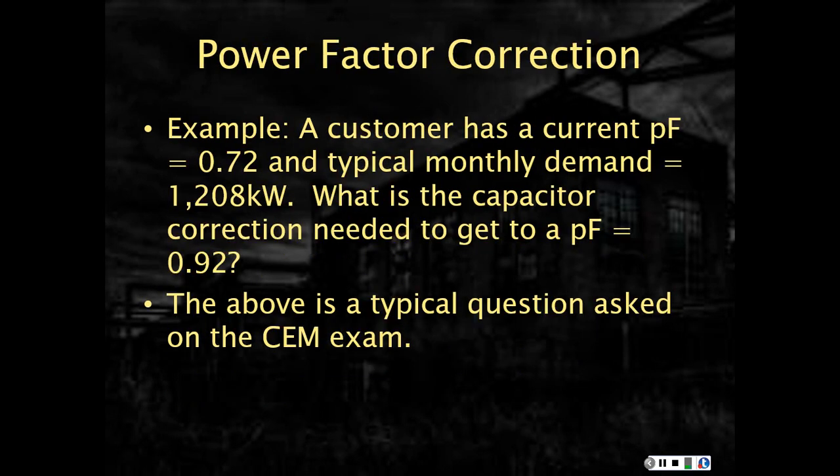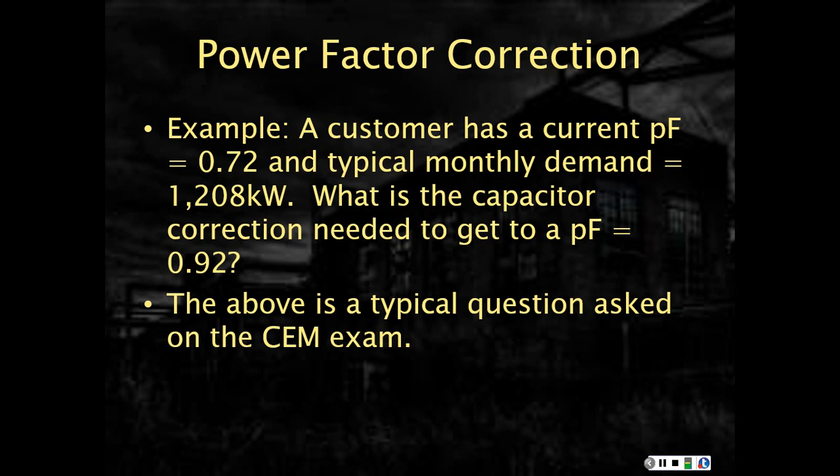Let's take a look at power factor correction. I have a customer that currently has a power factor of 0.72, and with most utility companies, that 0.72 will be in the penalty area of power factor. The same customer has a monthly demand of 1,208 kW.